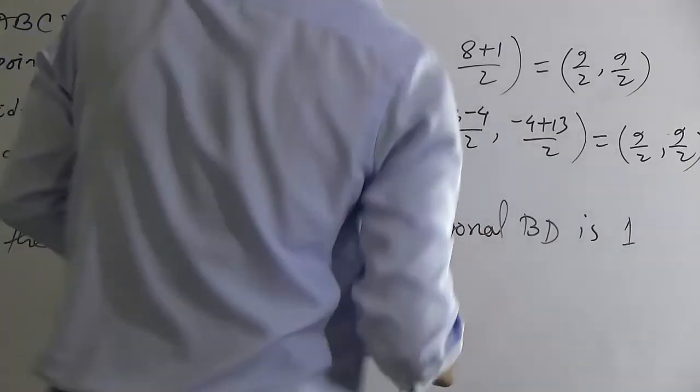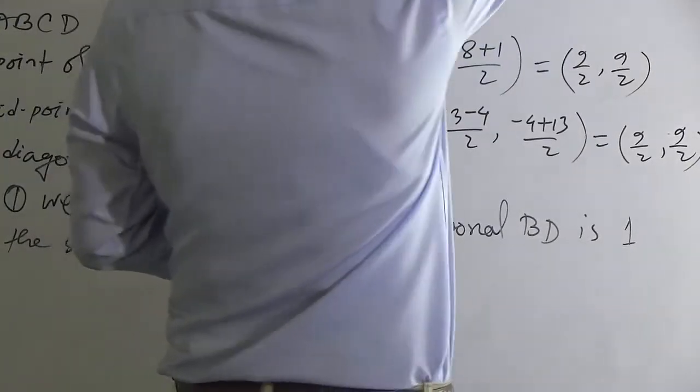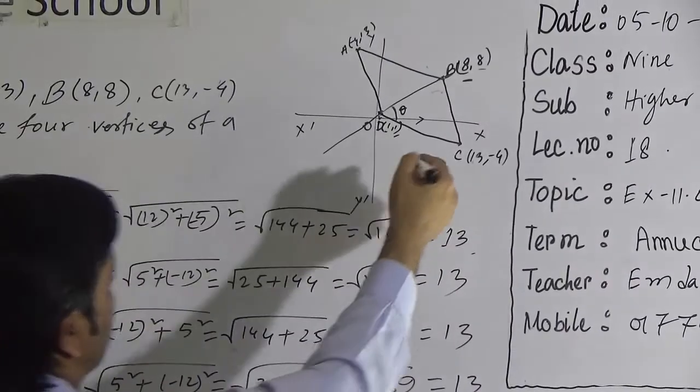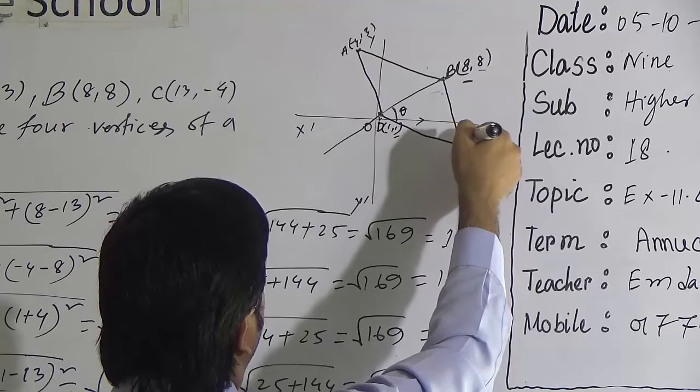We can determine the slope of the diagonal AC. To determine the slope, we can use the formula y2 minus y1 by x2 minus x1.